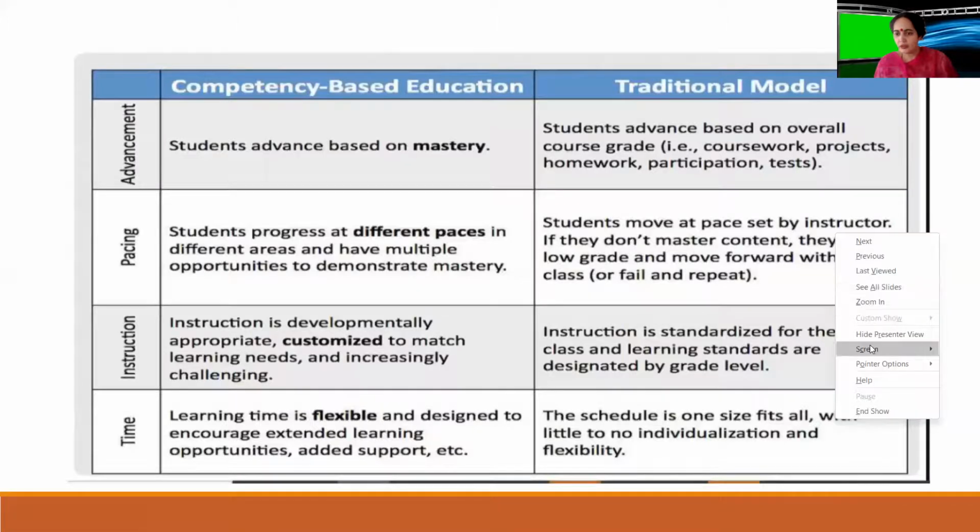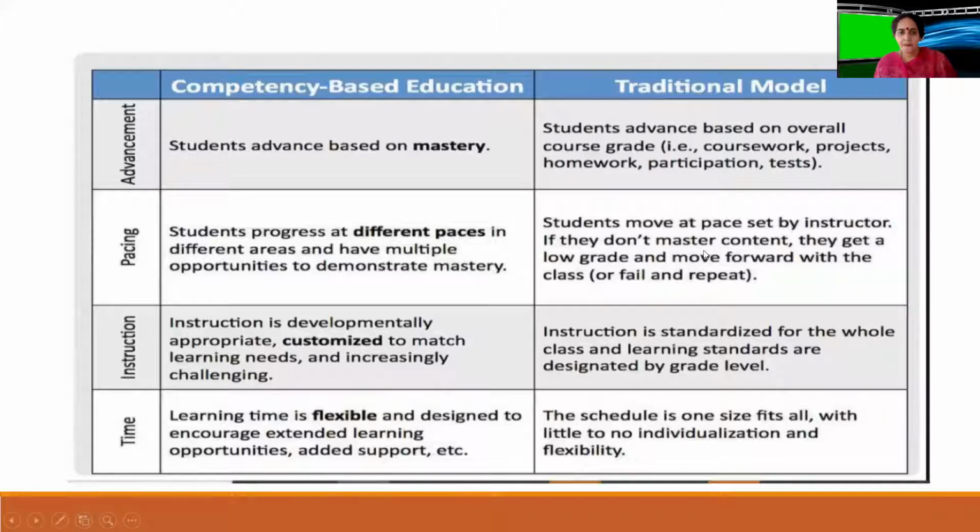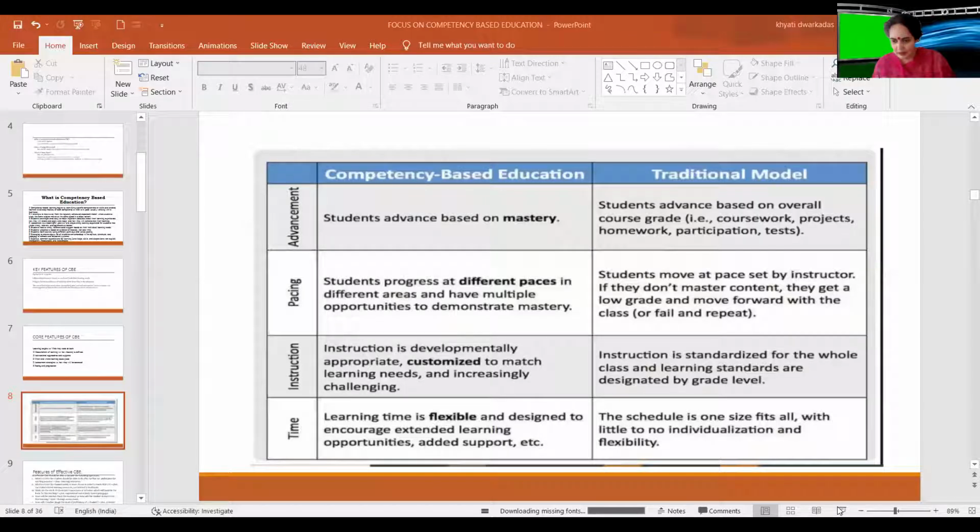As I told you, we have two basic models: the traditional model and the competency-based model, which we shall be looking at, and we've just seen that model right away.